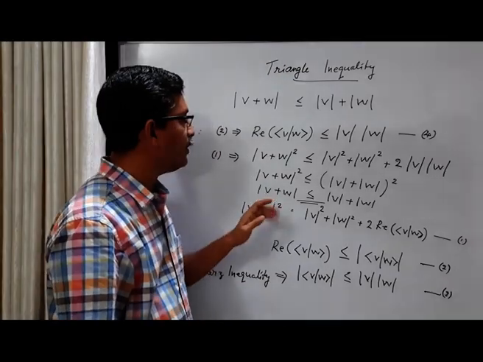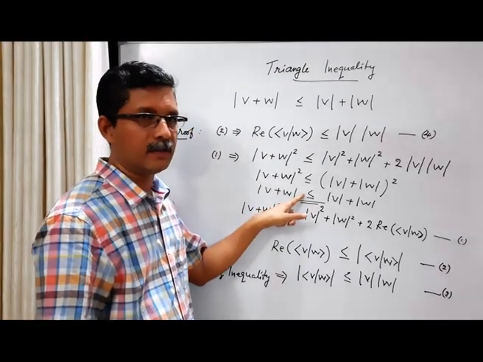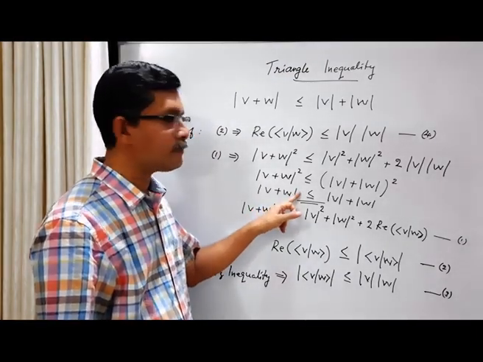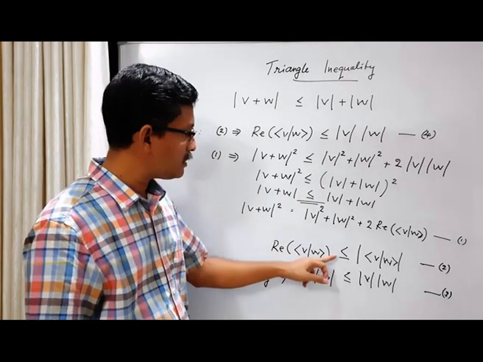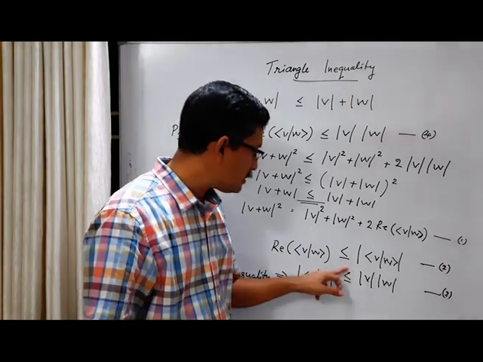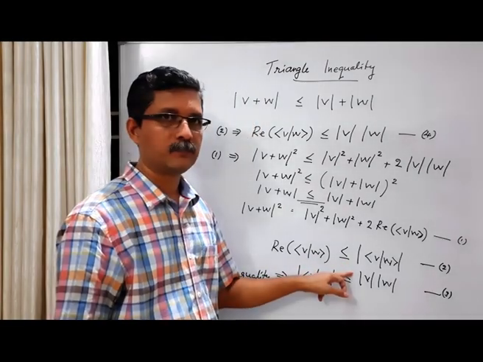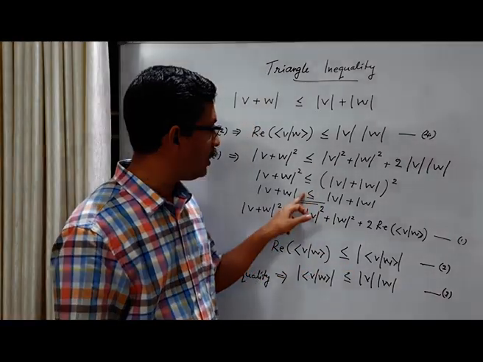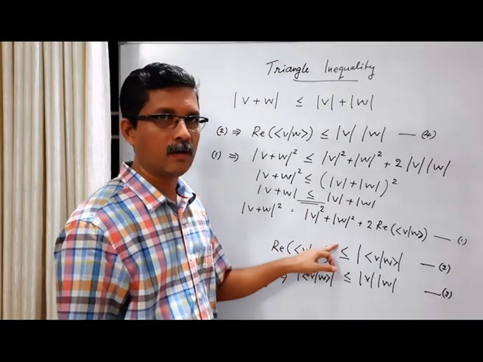Now let us see when this inequality becomes equality. Here this inequality comes from two sources. One is from this inequality, and the other is from Schwarz inequality. So this becomes the equality when these two become equal.